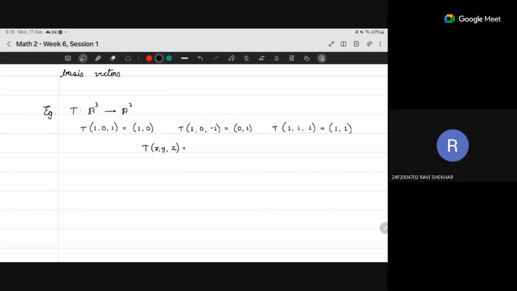If you want to compute T of (x, y, z) from just three vectors, since this is a basis, this (x, y, z) can be written in terms of this basis. You want to write (x, y, z) as something times (1, 0, 1) plus something times (1, 0, -1) plus something times (1, 1, 1). And then you can use the linear properties.